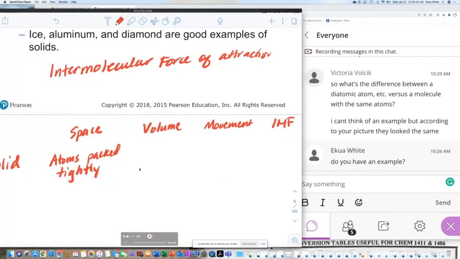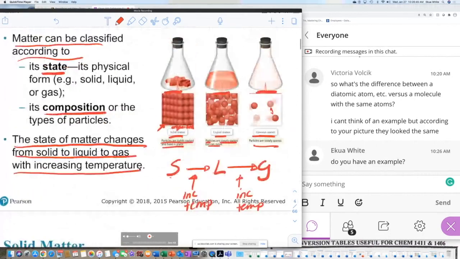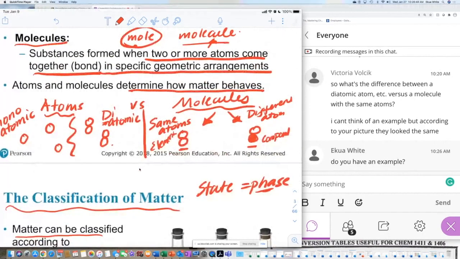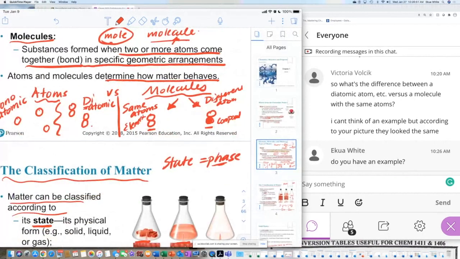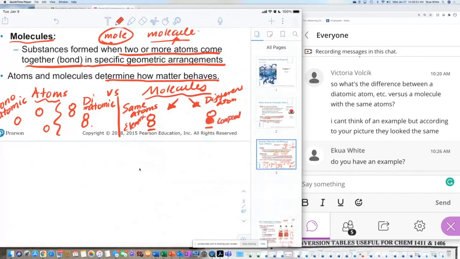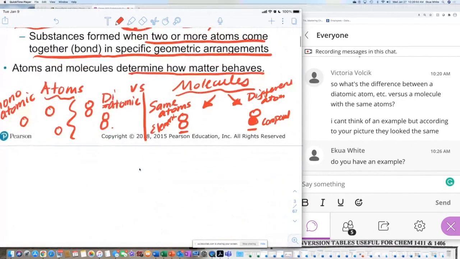Back to your question, back to this right here. I'm glad you asked. Let me go back to this page here. Let me expand more on the molecules versus the compound. As far as the picture is concerned, the one on the left is this one here, and these are the same.